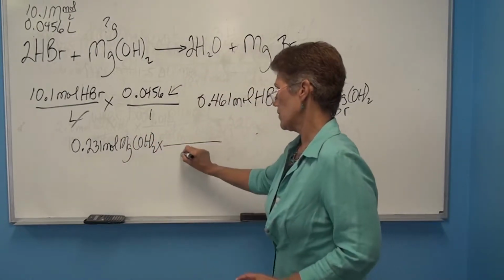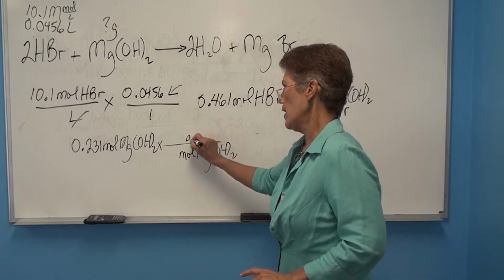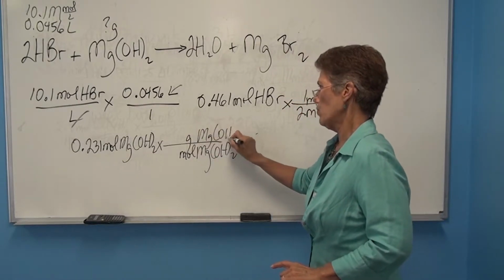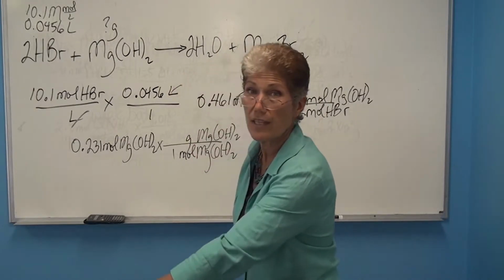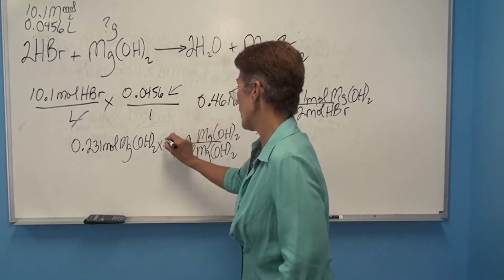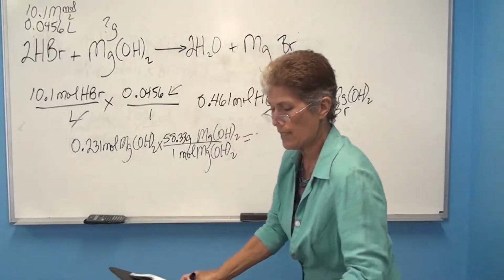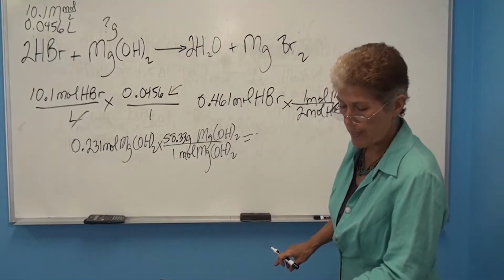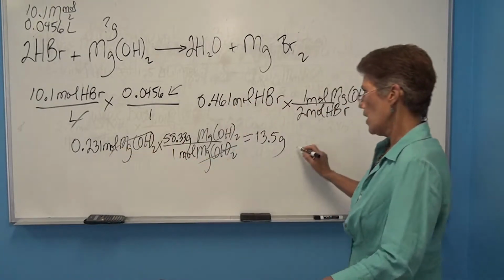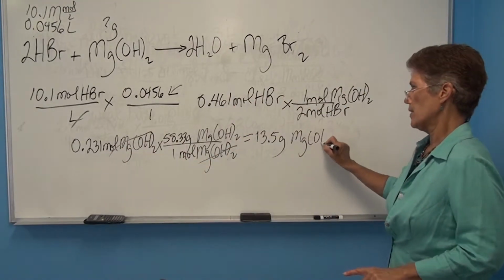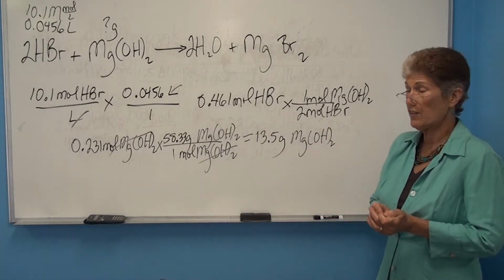Now I want to go to grams, so I'm going to put the moles of magnesium hydroxide on the bottom so it'll cancel, and the grams of the magnesium hydroxide on the top, 1 mole of that. And let's see, the magnesium hydroxide, the gram molecular weight is 58.33. But our answer has to be in 3 significant figures because we have 3 there. So it's going to be 13.5 grams of magnesium hydroxide. So that's your answer. And if you put the wrong number of significant figures, you're going to have to take off a point.